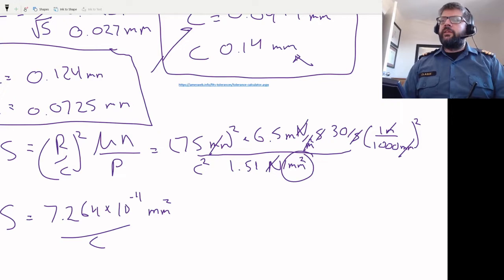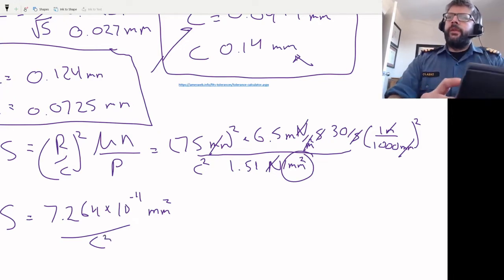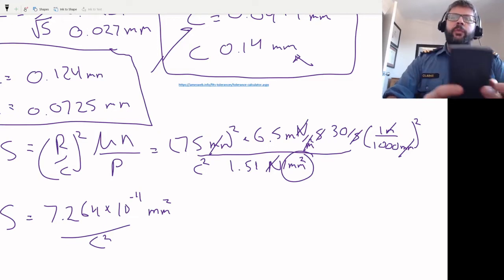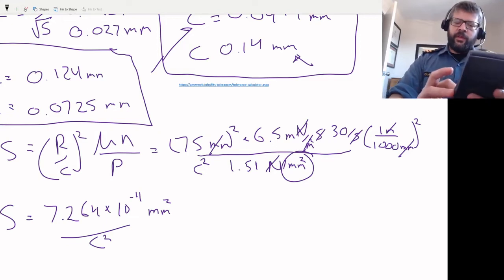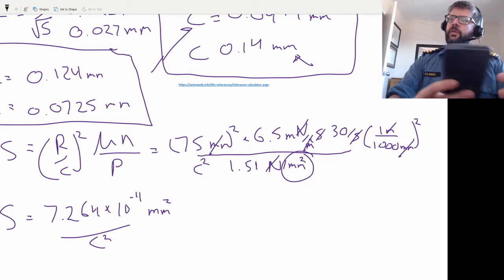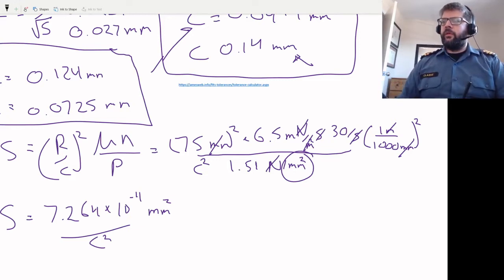So for the maximum clearance that we could end up with, that divided by 0.124 squared millimeters gives us an S value of 0.0472.